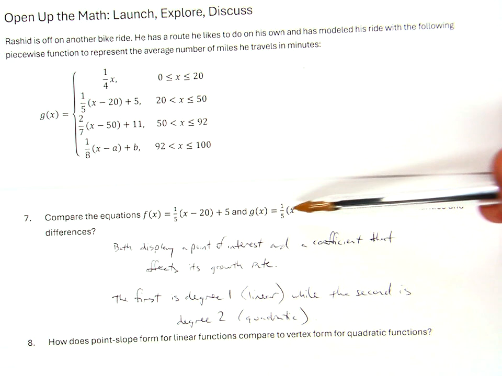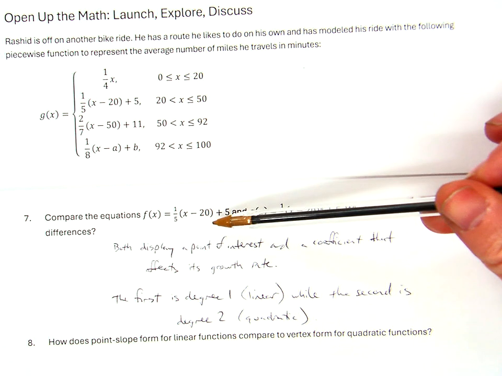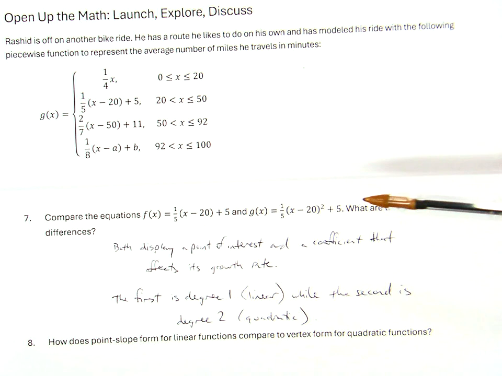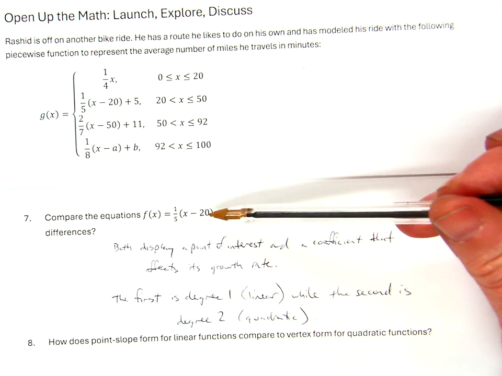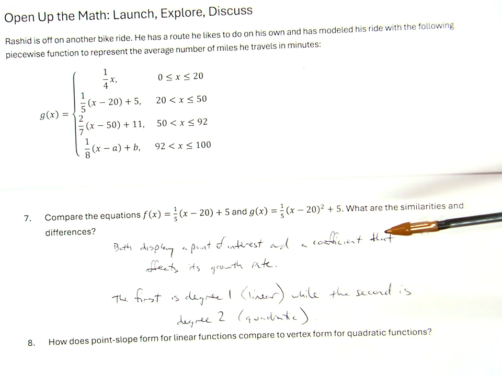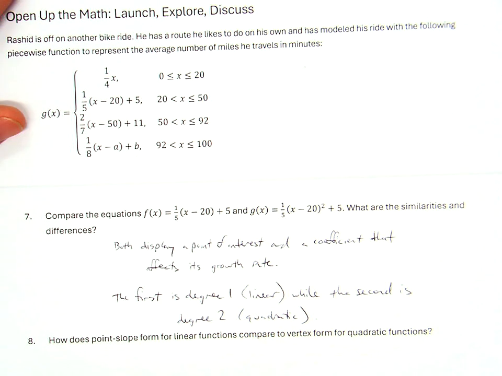So they both have similar qualifications of how to get them graphed based on a point that is of interest to us, whether it be some kind of random point on the line or the actual specific vertex of this value.